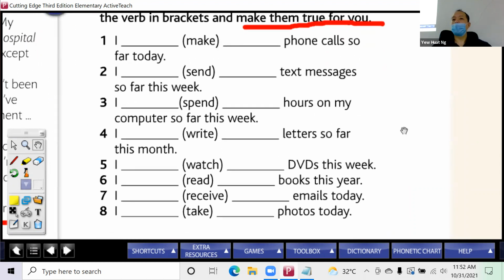Do this and I'll come and check. Let me see. Correct.